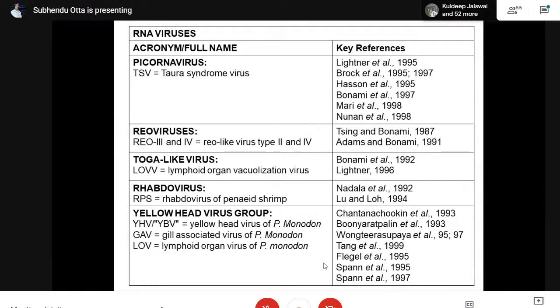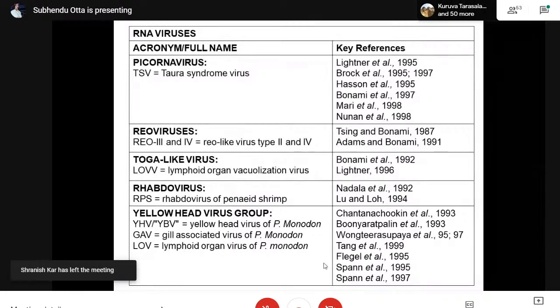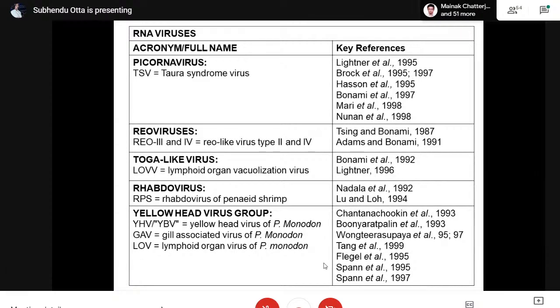We have not recorded any mortality or other aspects regarding this virus. Then also Toga-like virus, lymphoid organ vacuolization virus, was reported. Rhabdovirus has been detected, and yellow head virus, another virulent virus capable of causing mortality to shrimps. So that is a separate group.